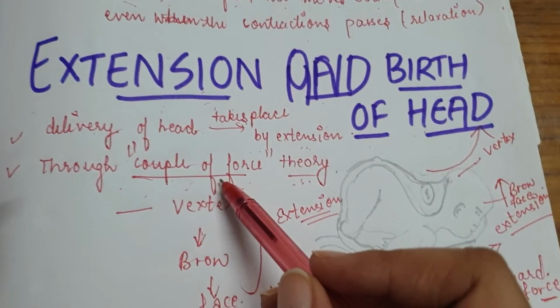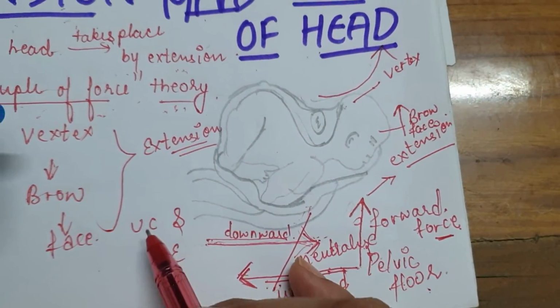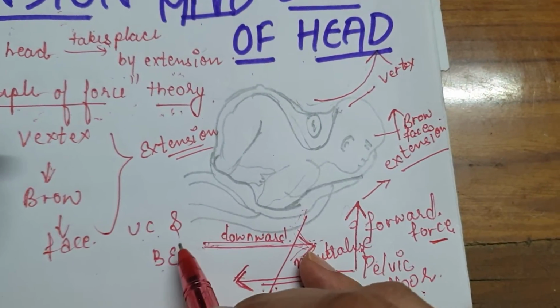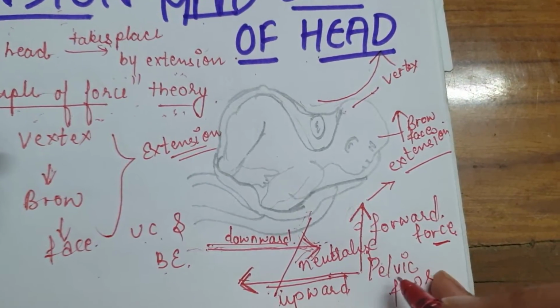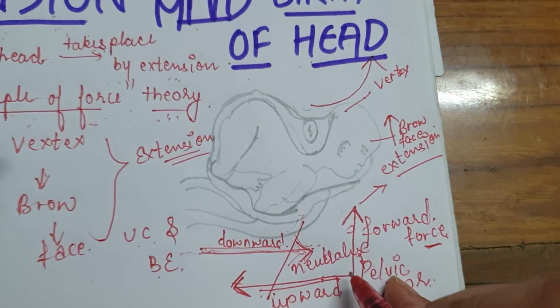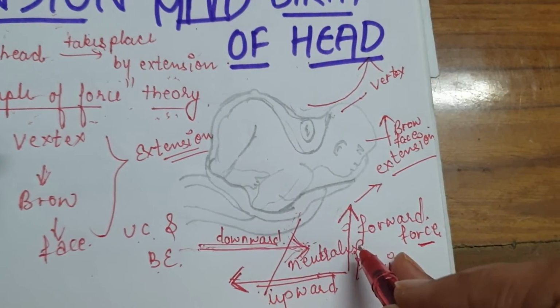So according to the couple of force theory, like you can see here in the diagram, due to the uterine contractions and the bear down efforts, the baby is pushed downward. On the other hand, the pelvic floor offers resistance and applies upward force and the forward force.